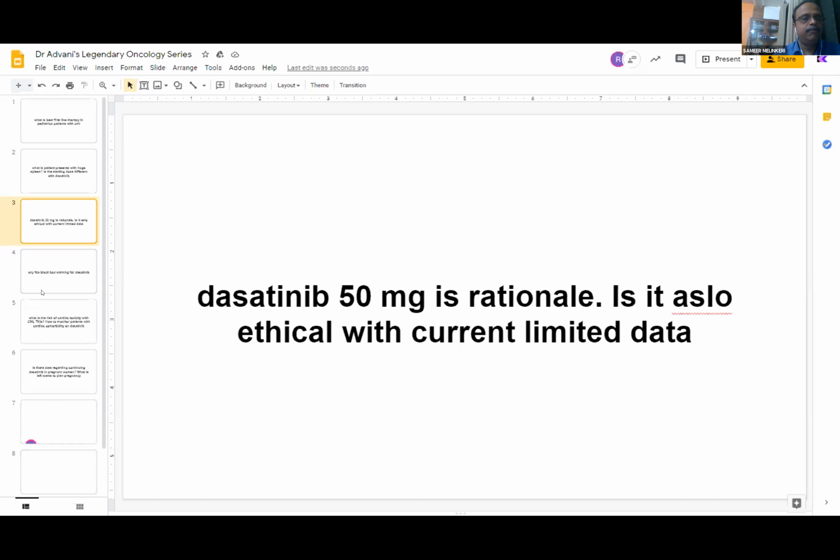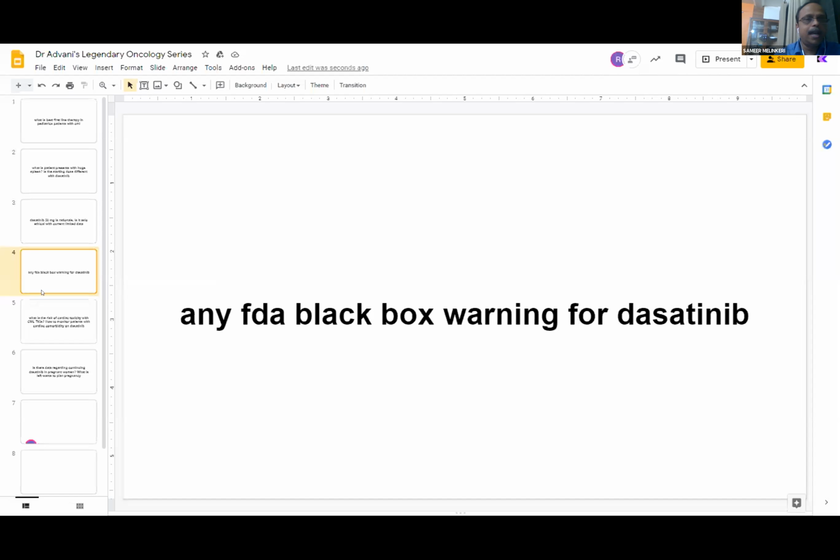We use Dasatinib 50 for every newly diagnosed CML now based on our study. The results are really impressive, I must say. For the last 4 months, I have also switched over to this protocol, and I really see excellent results. Somebody whom I started with Dasatinib 50 has a CMR at 3 months.